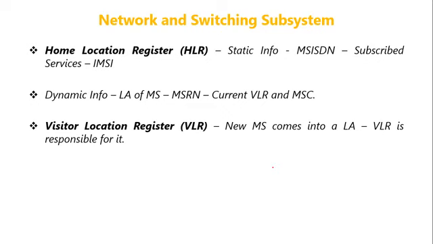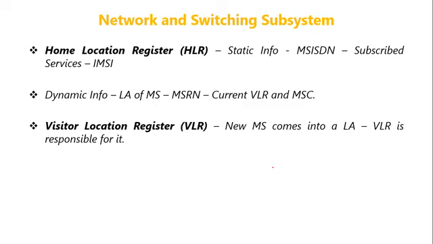The home location register includes static information like the MSISDN, subscribed features and the international mobile subscriber identity. The dynamic features it includes are the current location area of the mobile station, the mobile subscriber roaming number, the current VLR, and the MSC of that particular mobile device.